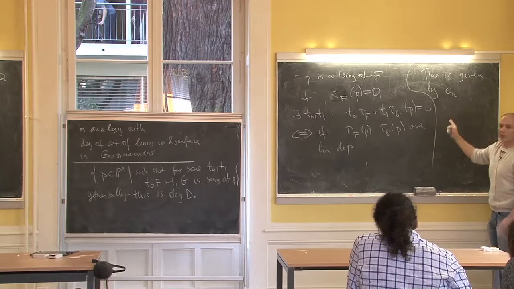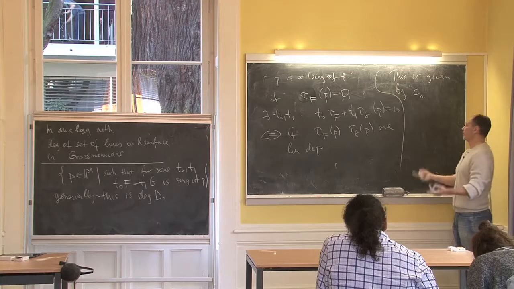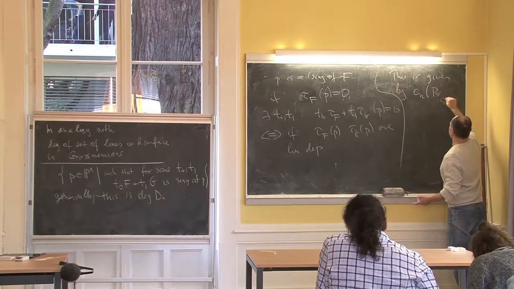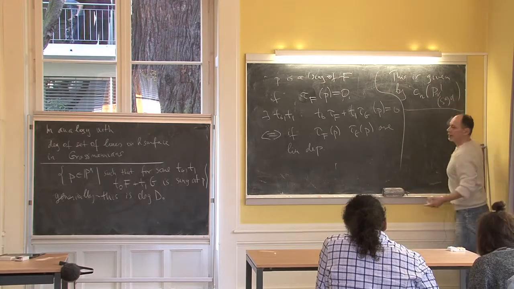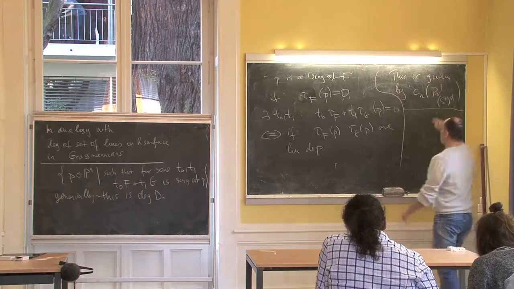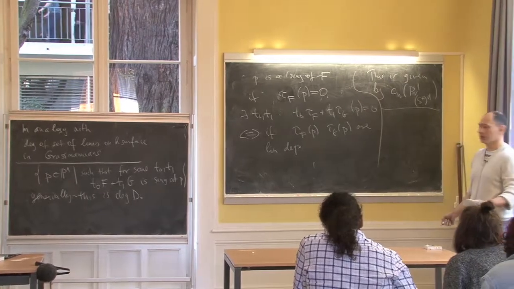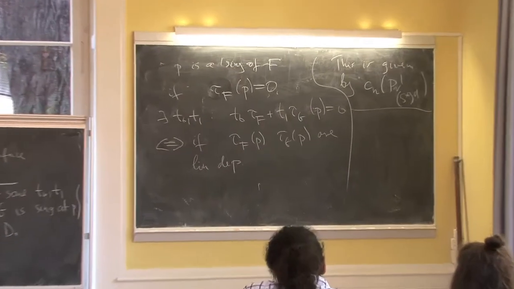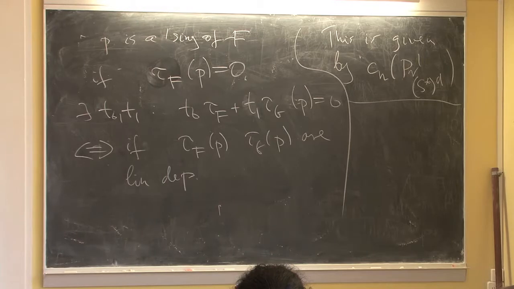Cn plus 1 would be when one section vanishes, and when two sections are linearly dependent, that's given by Cn of this bundle PR to the power d. Okay? So this is now a Chern class in Pn of a certain bundle that we're calculating. And now we just use Whitney's formula, and we immediately get to the answer. Just give me one more minute.